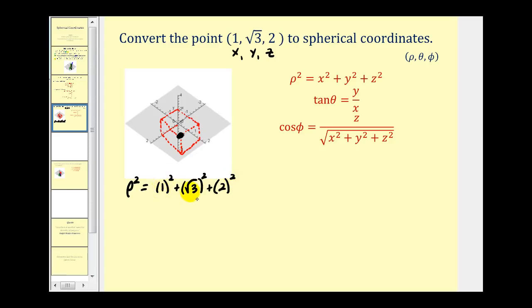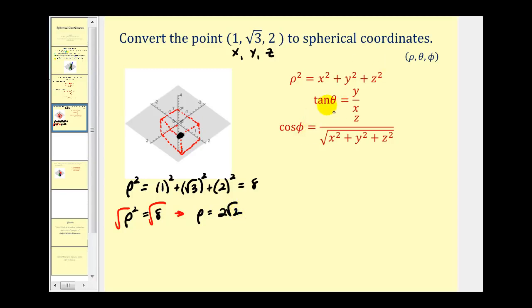This will be 1 plus 3 plus 4, that'll equal 8. So rho squared is equal to 8. So be careful, this is rho squared, not rho, so we'll take the square root of both sides. So we'll use rho equals the square root of 8, which is 2 square root 2.